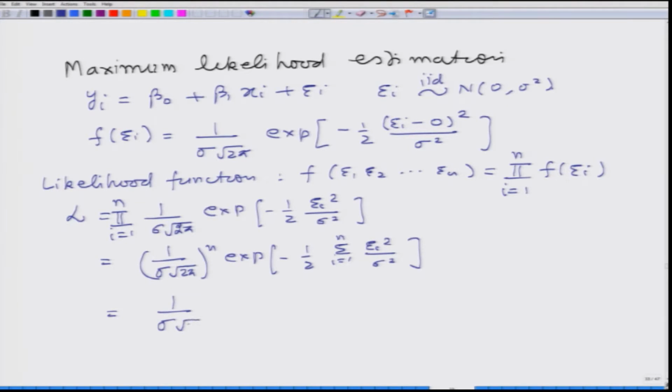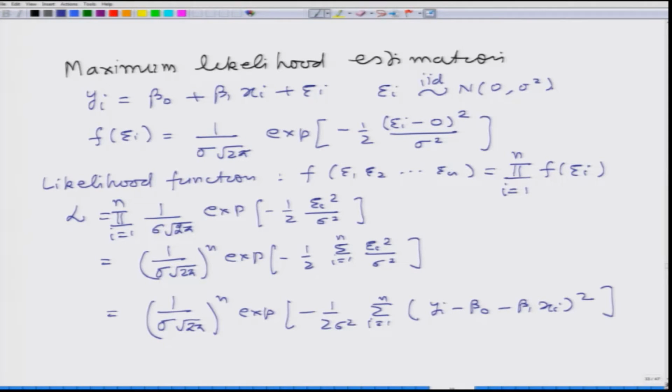So, I write this likelihood function as exponential of minus 1 over 2 sigma square summation i goes from 1 to n, replacing epsilon i by y i minus beta 0 minus beta 1 x i whole square. Now the objective is very simple: I want to maximize this L, our likelihood function, and estimate the parameters beta 0, beta 1 and sigma square.